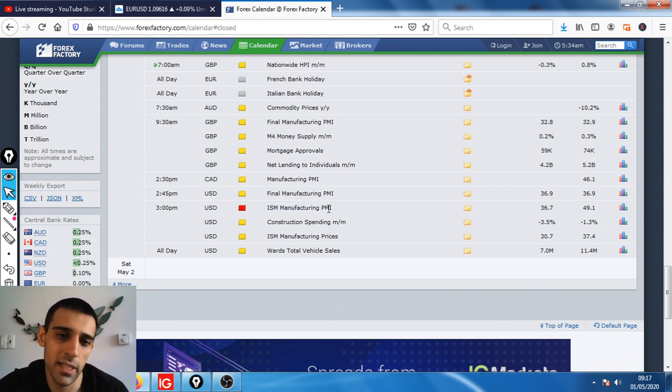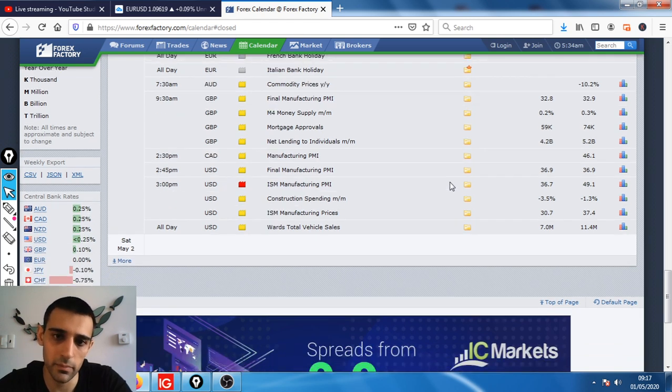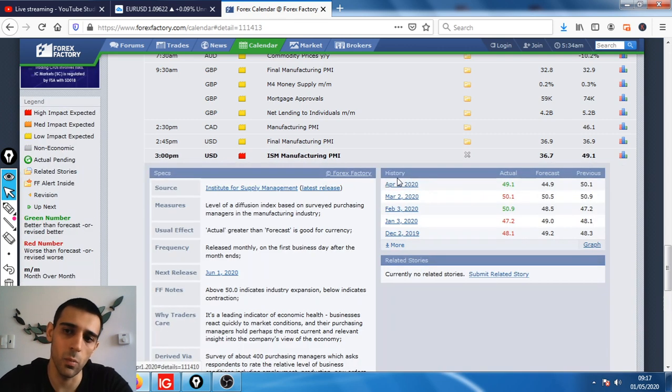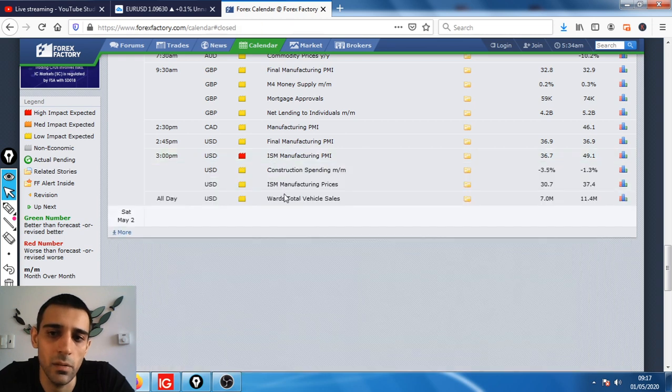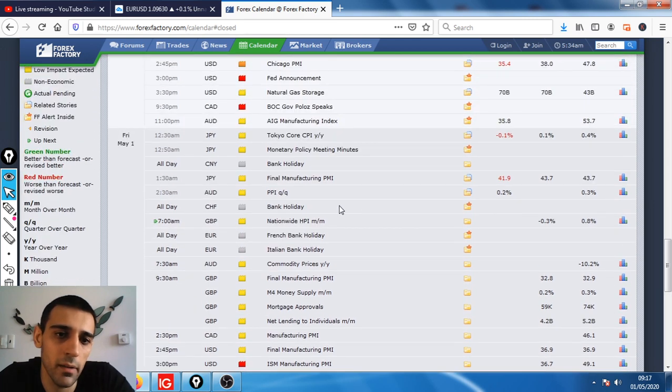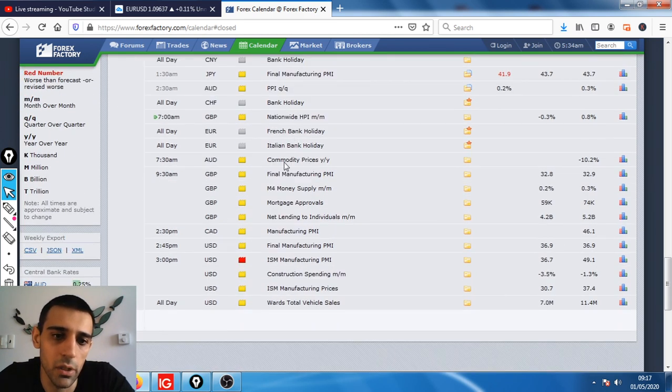It does create some volatility, but generally it's not crazy volatility on this news. It might move a couple of pips in either direction, but it's generally not severe. Other than that, there's not much going on today, just that one at 3 p.m. UK time. So nothing to worry about much.